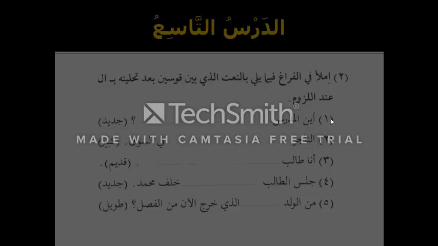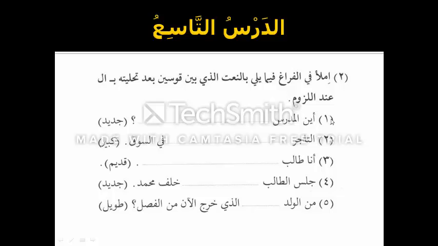This has a kasra. Number eight: جلس الطالب الجديد خلف حامد. The new student sat behind Hamid. The big knife is very sharp. That's number nine. I think I translated the rest.